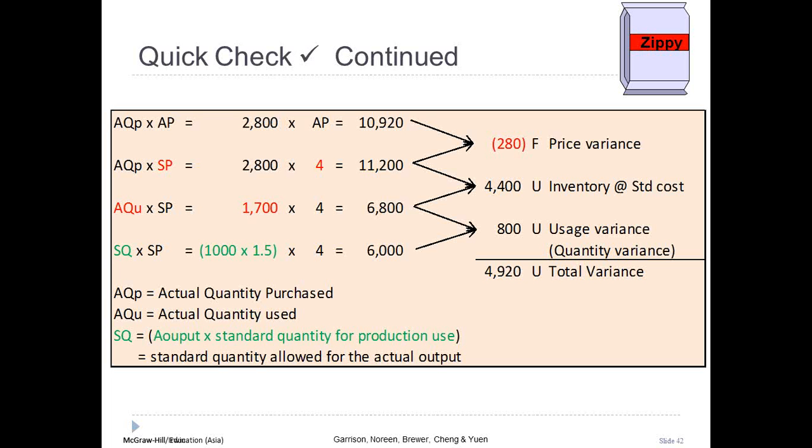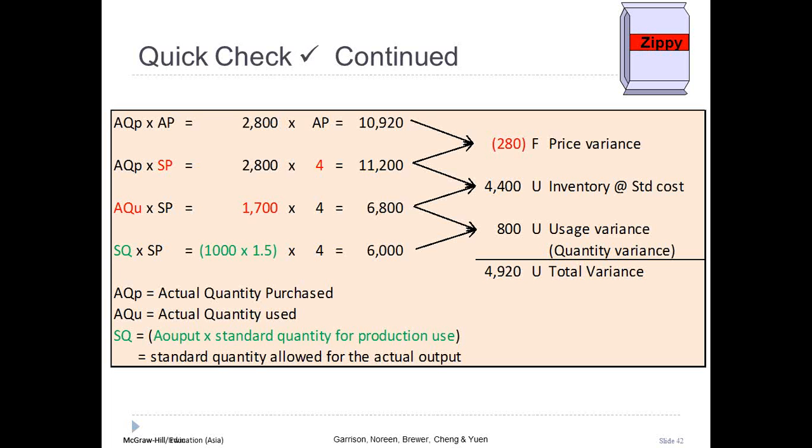increase. When comparing the third and fourth rows, we are examining the difference between actual quantity used and standard quantity allowed for the actual output. Therefore, it is a comparison of the actual usage, 1,700 pounds, and the standard usage for the actual production level, 1,500 pounds, giving rise to the usage variance.